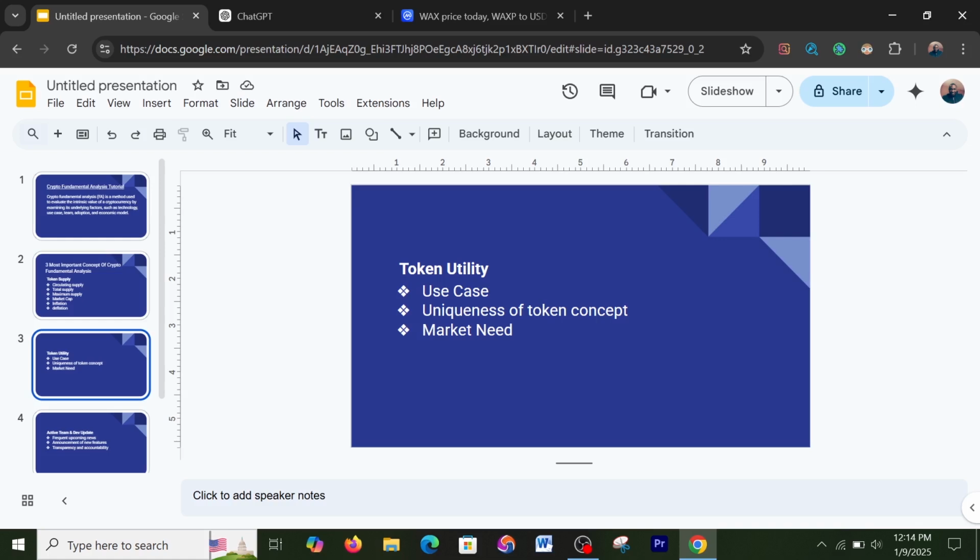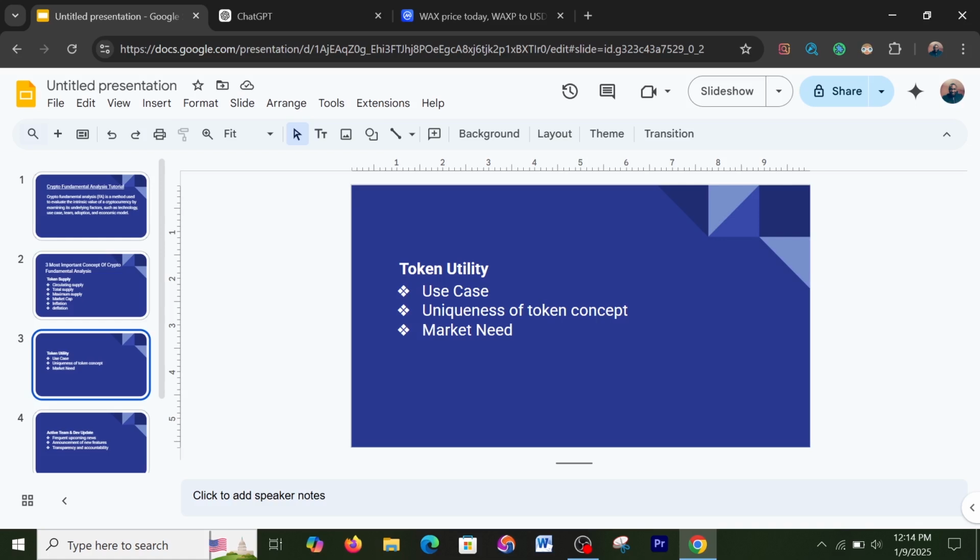It has to be a unique concept, because if it's a copycat of another token that is already doing its job, it likely would not get any attention. That's what you should realize. The third component of token utility is market need. Does the market need this particular token?